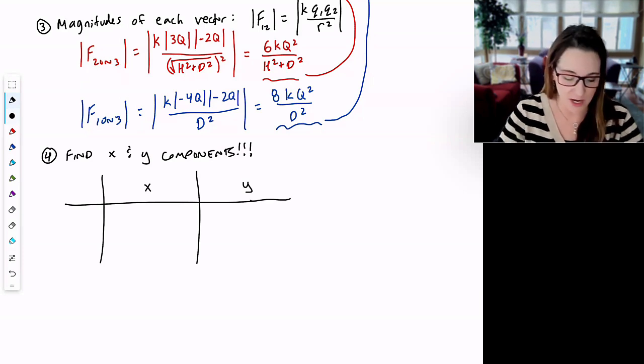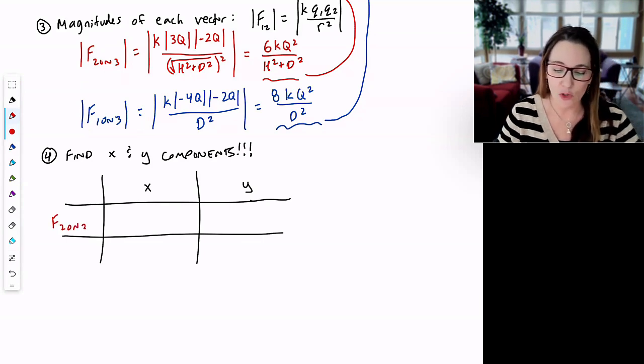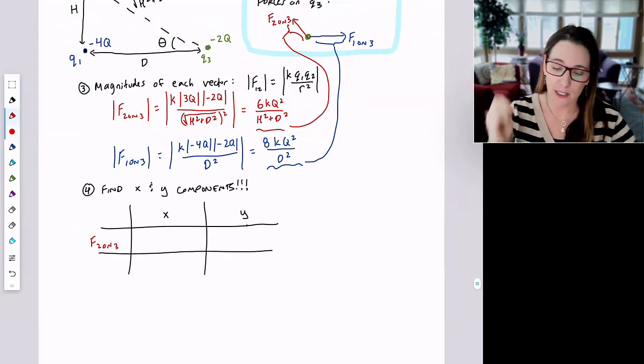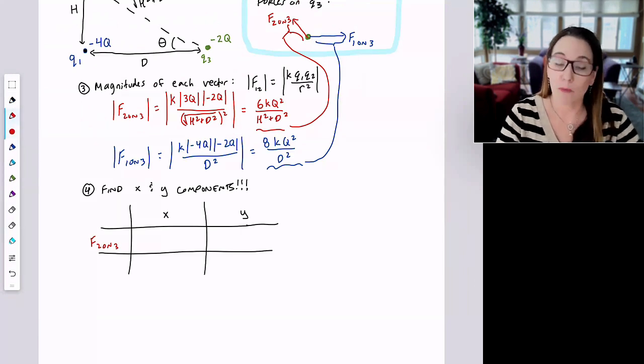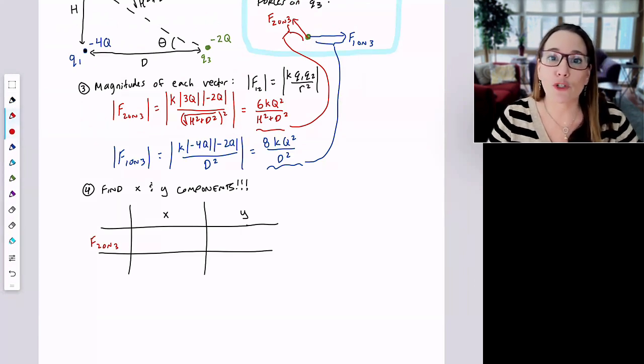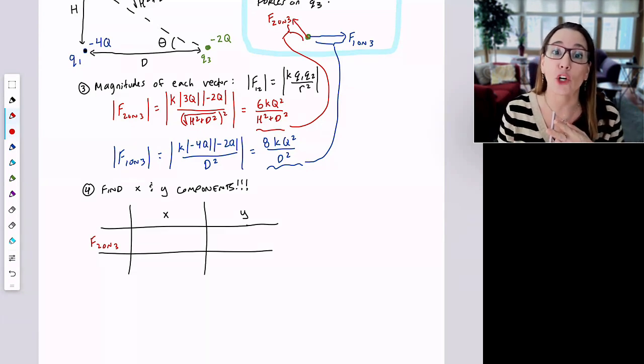So we have here the x and the y, and then we have the force that 2 exerts on 3. And this is where our original diagram comes in handy in order to visualize the vectors. And remember, when you're doing components, you say, is it plus or minus, and is it sine or cosine?